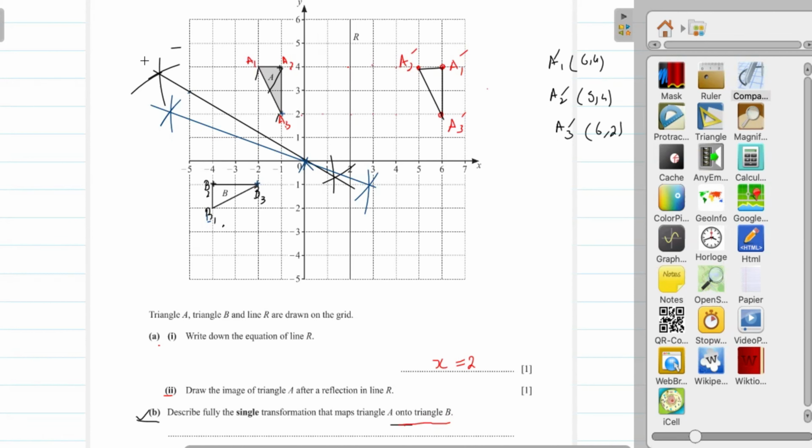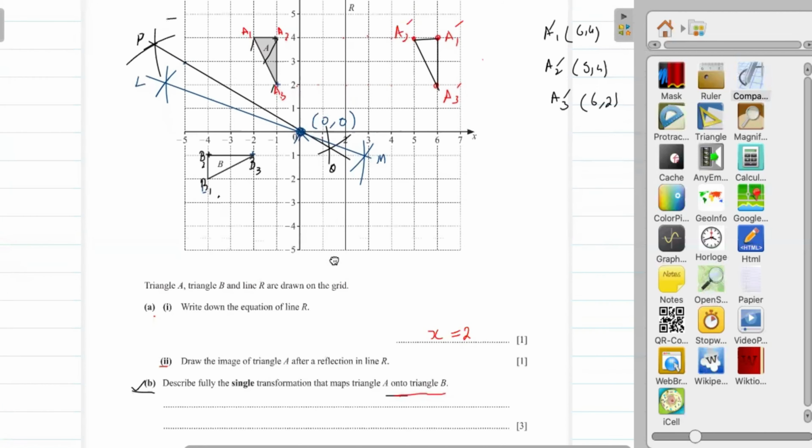We name it PQ, and the next perpendicular bisector is between A3 and B3. This is drawn with the blue line and we name it LM, and both perpendicular bisectors intersect at the point (0, 0). Therefore, this is the center of rotation.